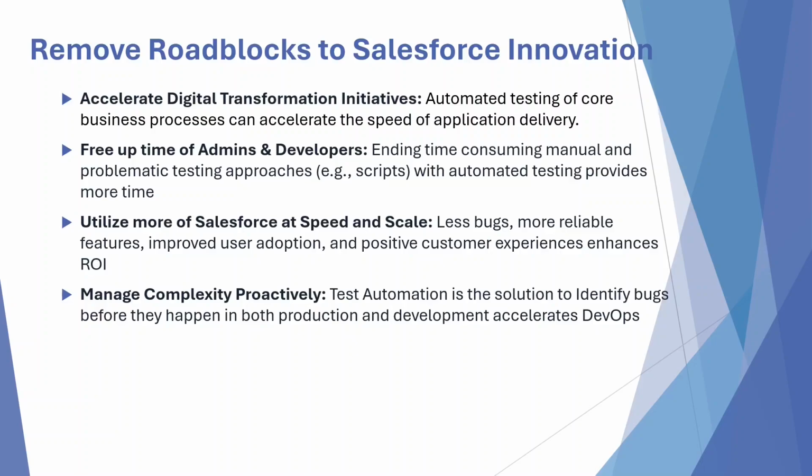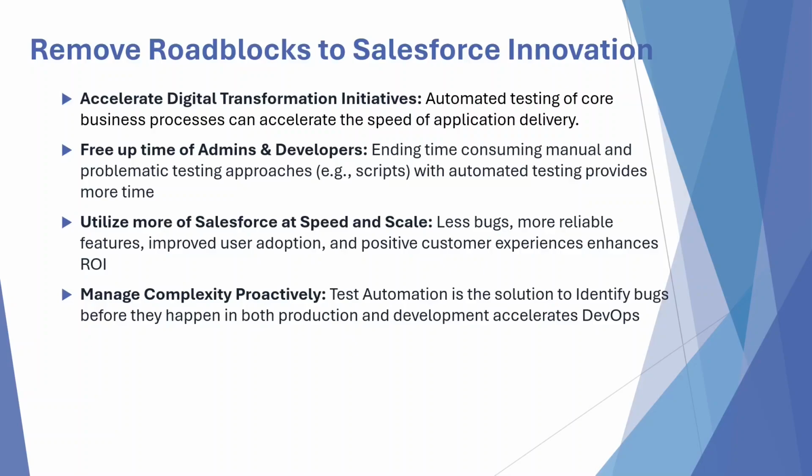Next one is, to remove roadblocks, we need to utilize more of Salesforce at speed and scale. Less bugs, more reliable features, improved user adoption and positive customer experiences enhance ROI.